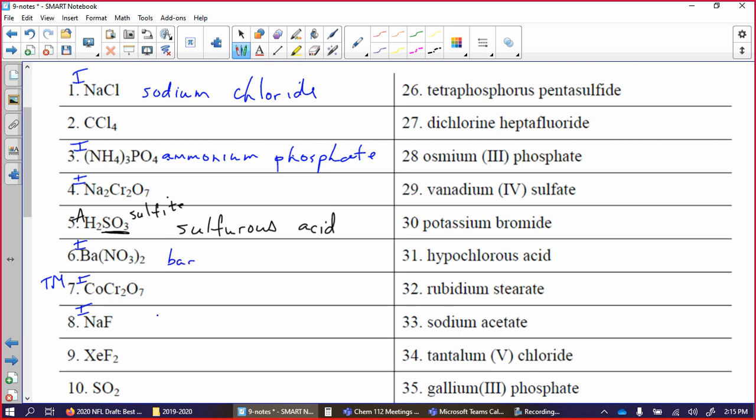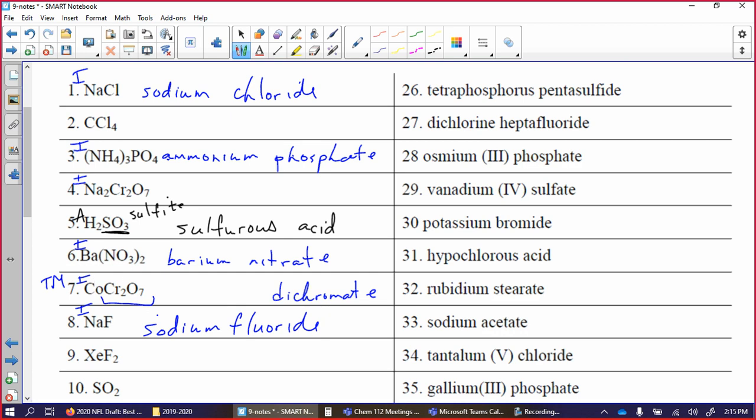Barium is not a transition metal, so I'm going to name the ones without them. NO3 is on that table, so I've got all of the ionics named except for this one. So now we need to know that Cr2O7 is something called dichromate.